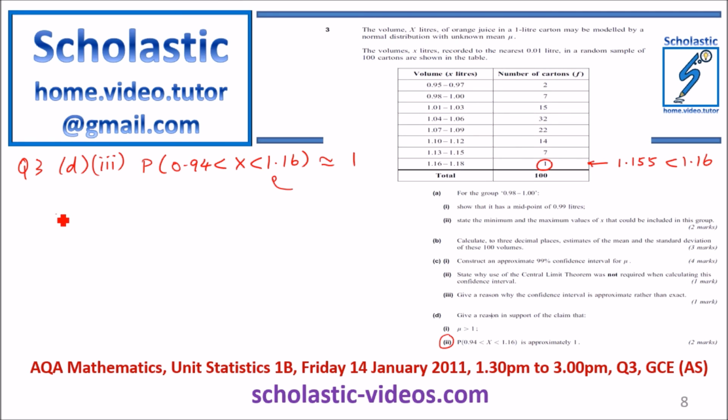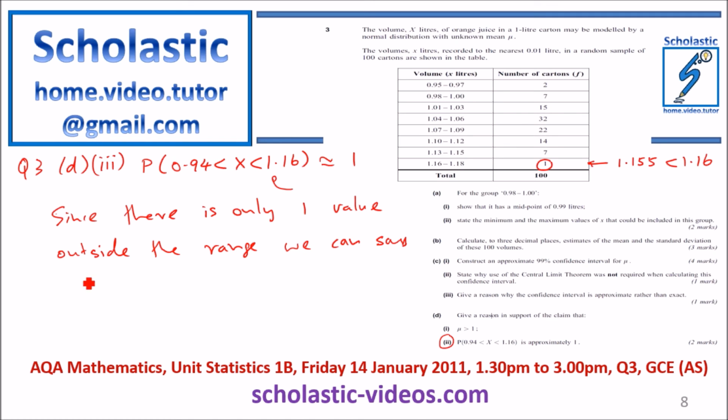Since there is only one value outside the range, we can say the probability of 0.94 less than x less than 1.16 is approximately equal to 1. That is the final answer. Thank you.